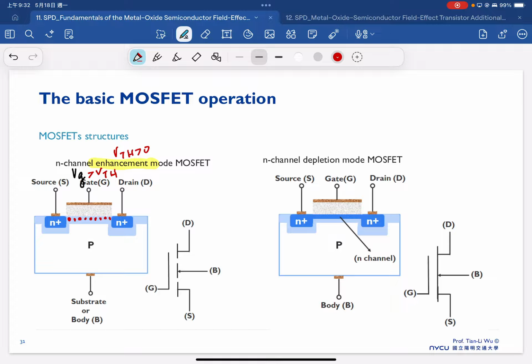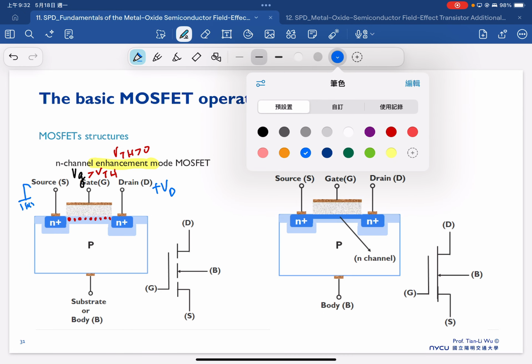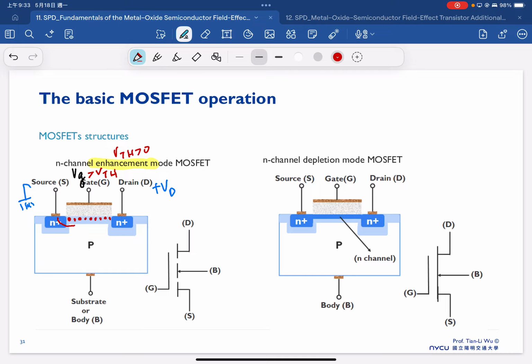Furthermore, normally we connect the source to ground, and we apply the drain bias here. Once we apply a positive bias on the drain side, we can expect the electrons will move from the source to the drain. So that's the electron flow here.